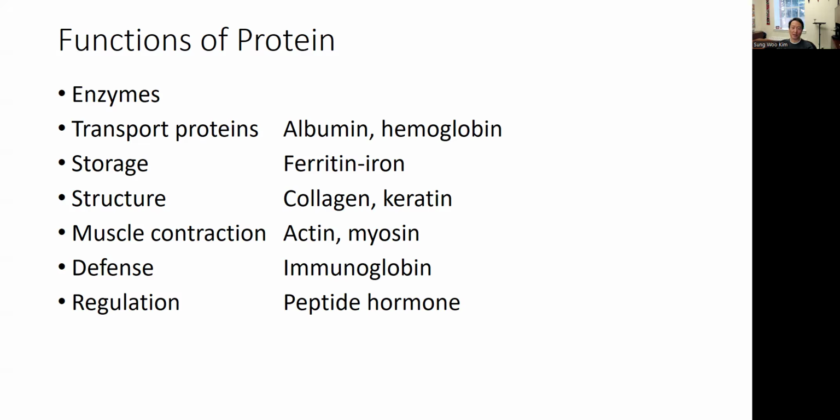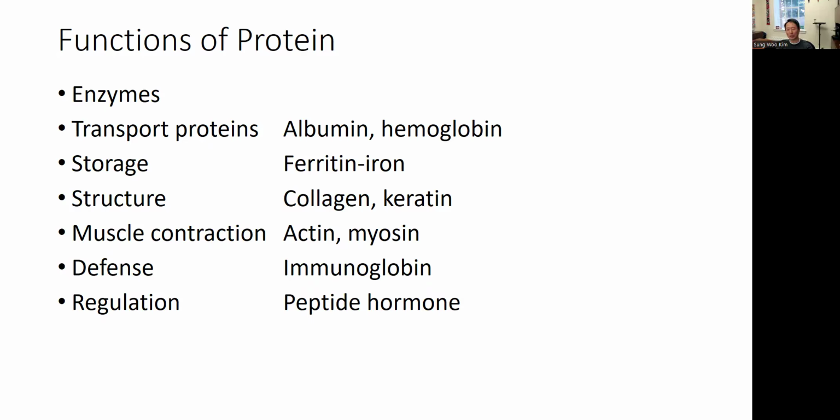The examples are collagens and keratins. You find collagens in the skin and keratins in connective tissues and joints and so on. And we have proteins with main functions in muscle contraction. The specific types of protein are called actin and myosin. Okay? So depending on the type of protein, there are very diverse functions in the body.